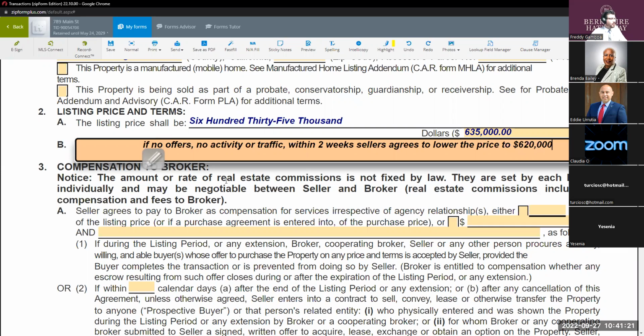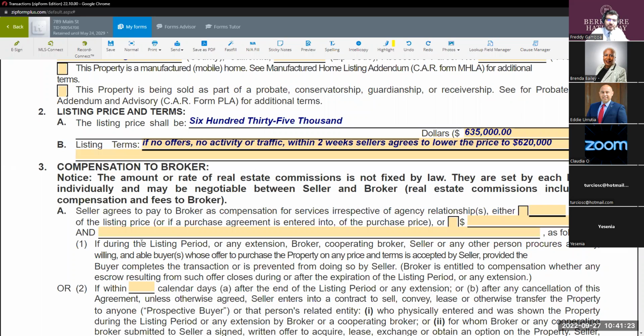So you already see from the get-go, Mr. Seller, if there's no offers, no activity or traffic within 2 weeks, you agree to lower the price to 620. That's actually a good listing term. What other term can we use, or anything else we could do?